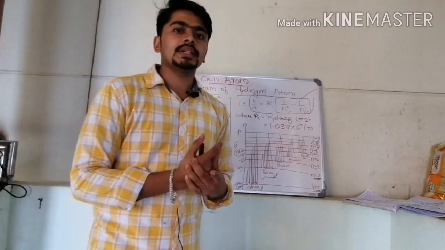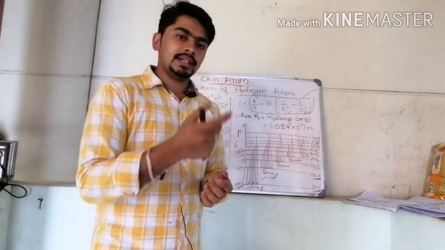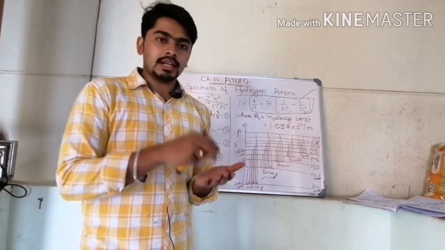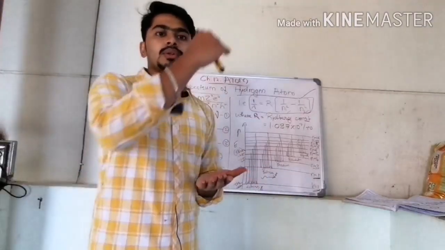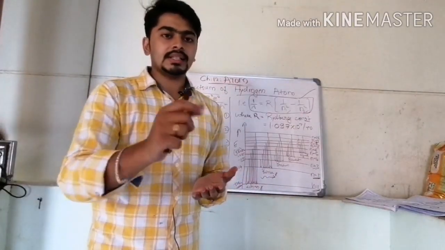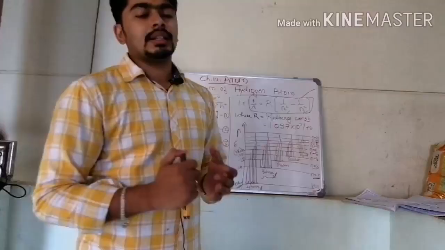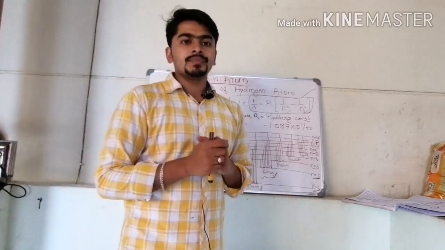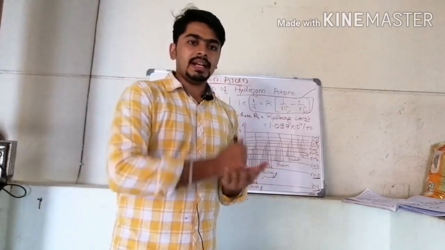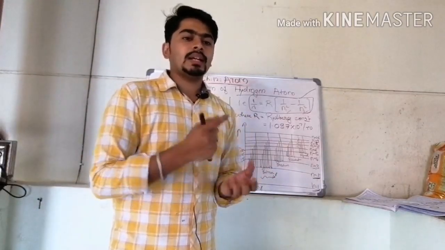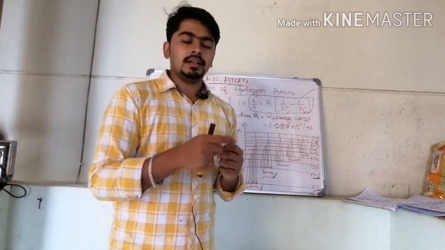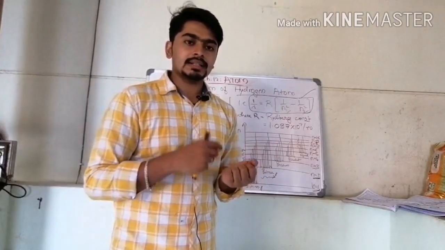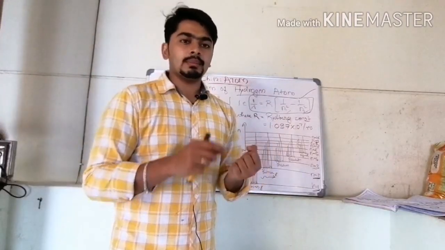What is excitation energy? It is the energy required for an electron to jump from a lower orbit to any of the higher orbits. That is excitation energy. Another parameter is ionization energy. Ionization means forming an ion from an atom. When does it happen? When an electron or some particle is removed from a stable atom.